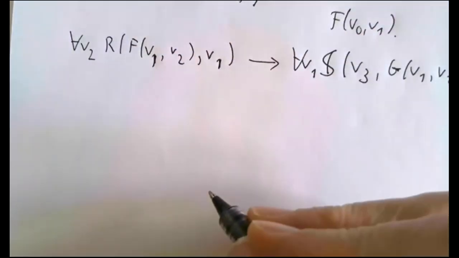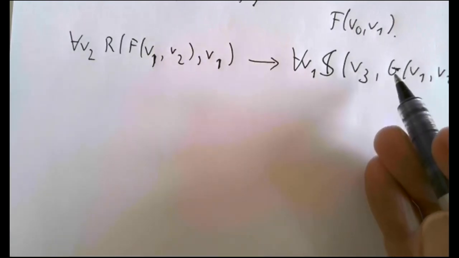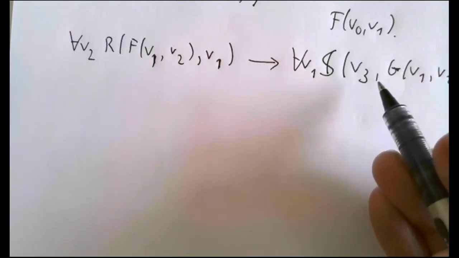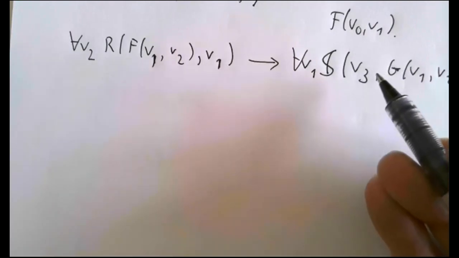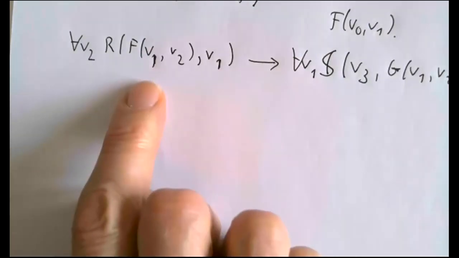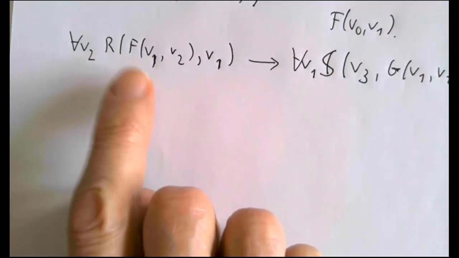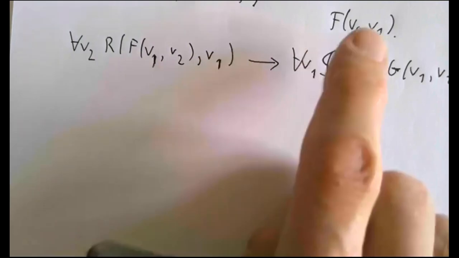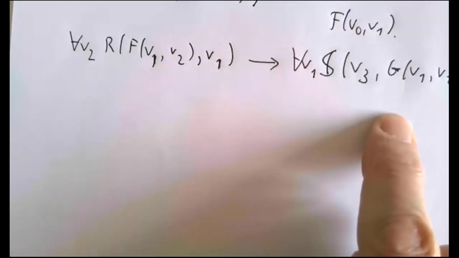We've got v1 here and here. This is an implication. Something is substitutable in an implication if it's substitutable in both halves. So it's incumbent on us to see if we can substitute this in here and in here.